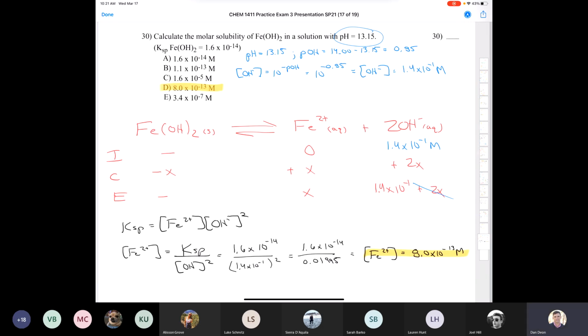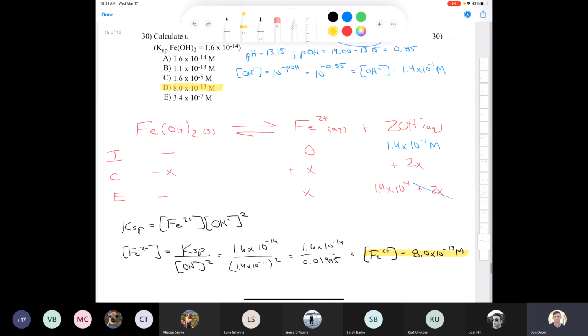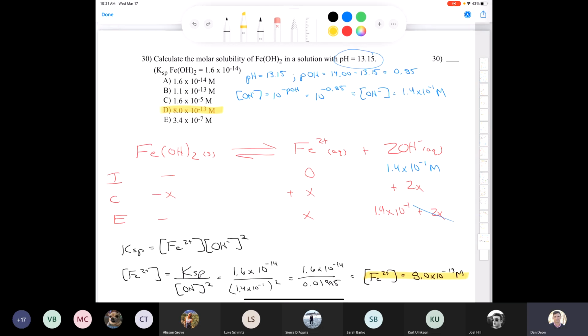So no, we can't do that. And just to prove it, if you take 1.4 times 10 to the negative 1 and you divide it by 2, you get 7 times 10 to the negative 2, which is several million times higher concentration than this. So that won't work. You'd be way off in left field with that one.